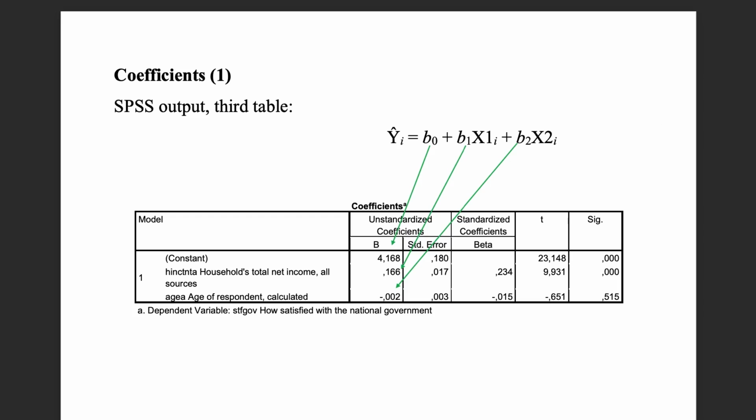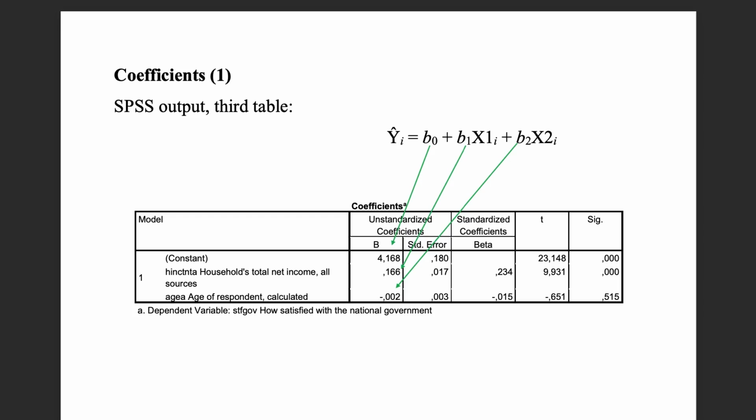And then we can say, well, for every additional decile of household income, that predicted value increases by 0.166 points, holding the effect of age on satisfaction with the national government constant. Again, we are interpreting these coefficients by recognizing that we have also included a second variable, so we need to include that in our interpretation. And so vice versa.